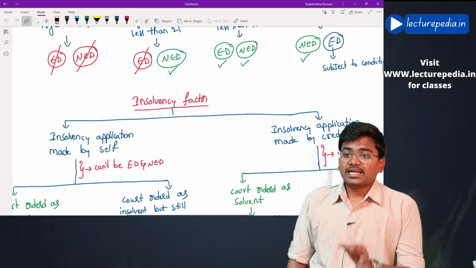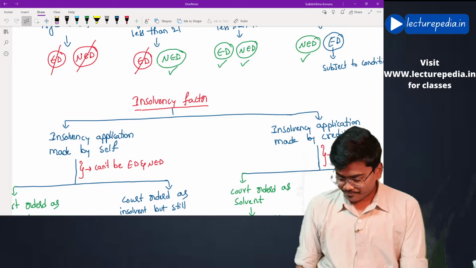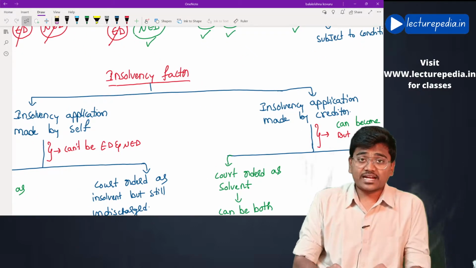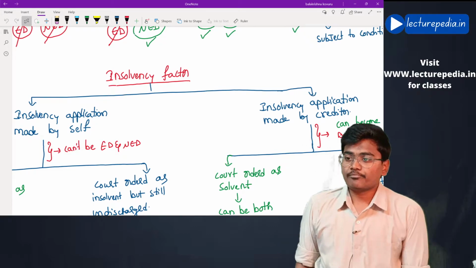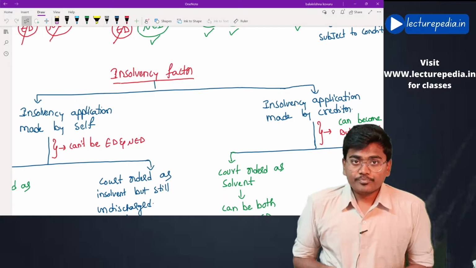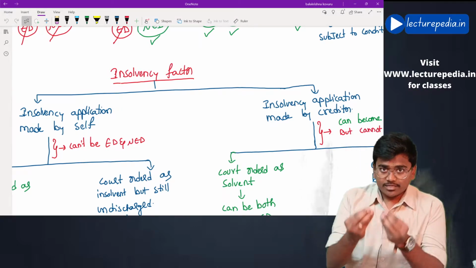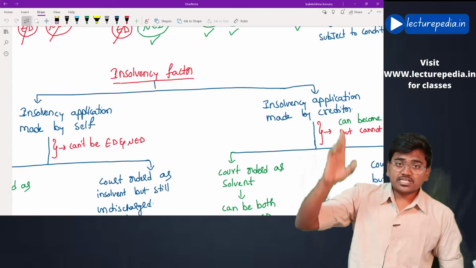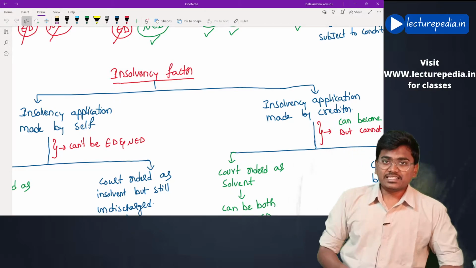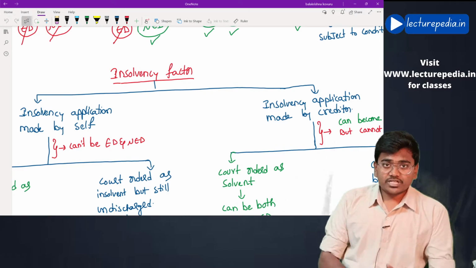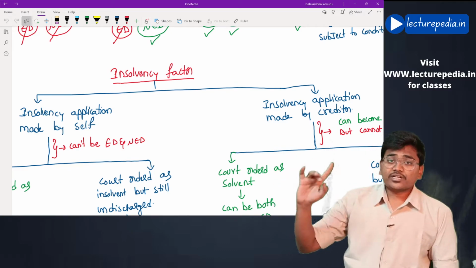Moving to insolvency factor. See, disqualification of director based on the insolvency. First of all, application for insolvency can be made either by himself or by the creditors. See, under IBC, Insolvency and Bankruptcy Code, you will be reading that the application for initiating insolvency can be made either by himself or by the creditors, the financial creditors, operational creditors.